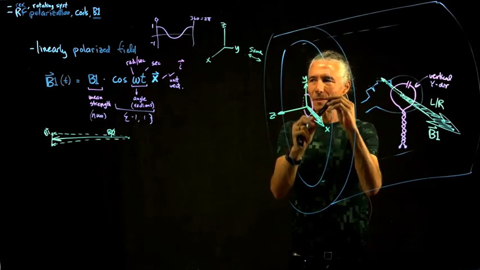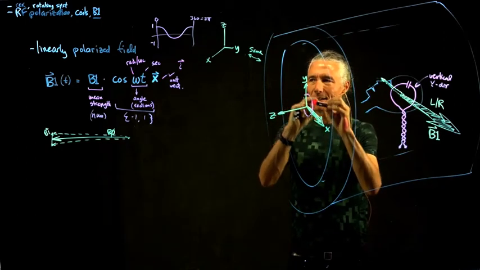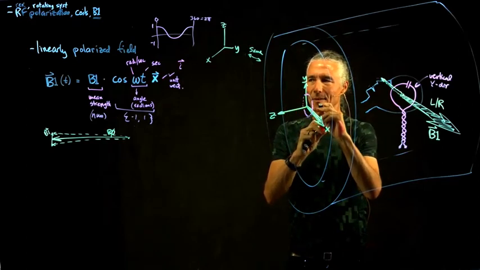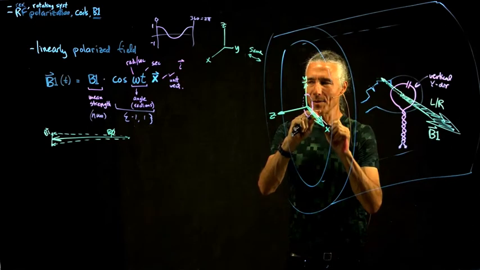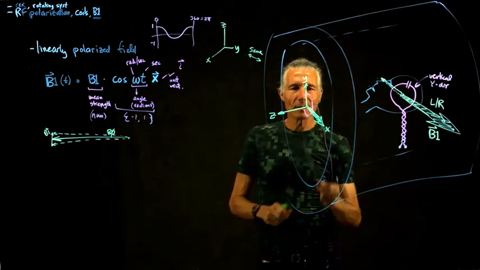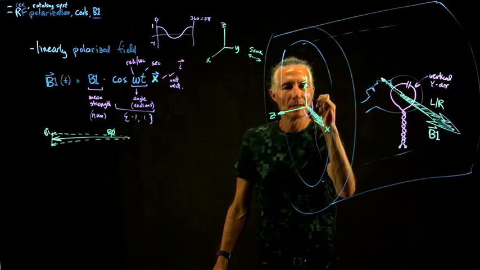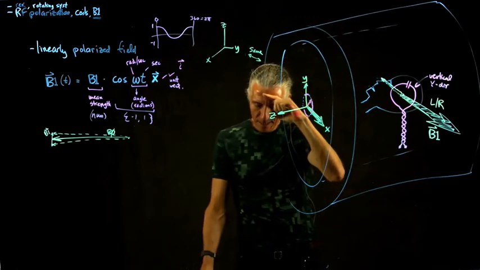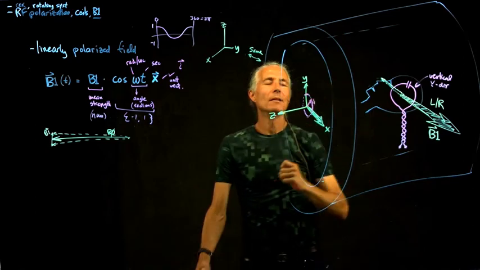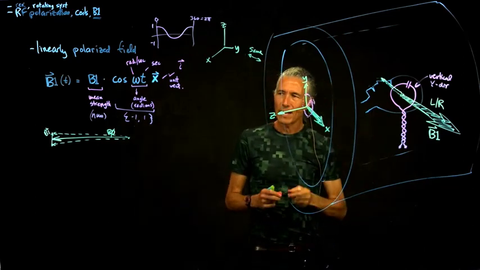You can think of them as precessing this way, or you can say we're just getting rid of the z component and considering the xy component. So here's one of those protons, and it's rapidly precessing around the xy axis.